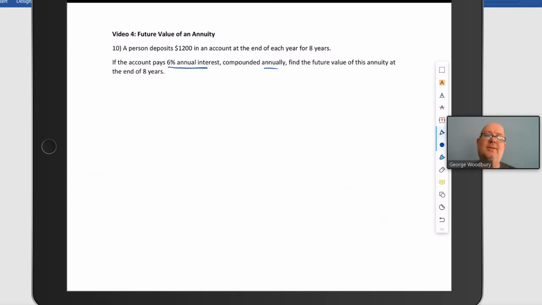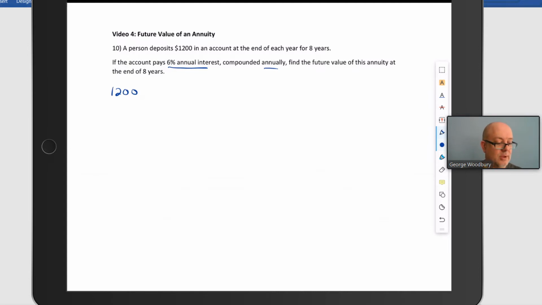So to see why this is a geometric series problem, the first year's deposit, $1,200, will earn 6% interest in years 2 through 8. So it's earning interest for 7 years, and it's compounded. 6% interest means that we'll take 6% of that amount and add it to the original.